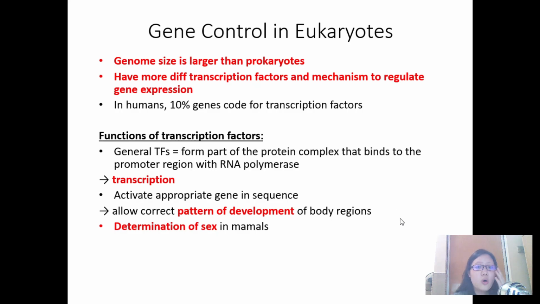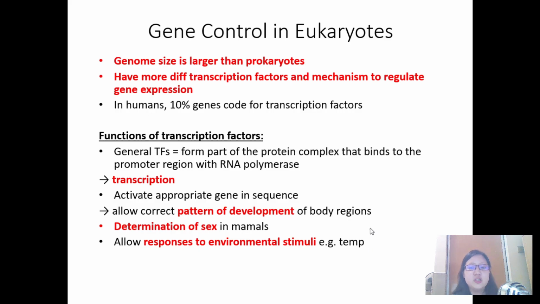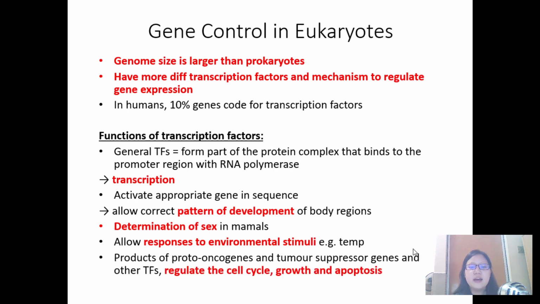Determination of sex also depends a lot on transcription factors. There are different transcription factors present on the X and Y chromosomes, which result in certain features. It allows responses to environmental stimuli, temperature, and also, very importantly, it helps regulate the cell cycle, growth, and apoptosis in order to ensure that your cell cycle is normal and does not result in cancer instead, and also carries out the effect in response to hormones.